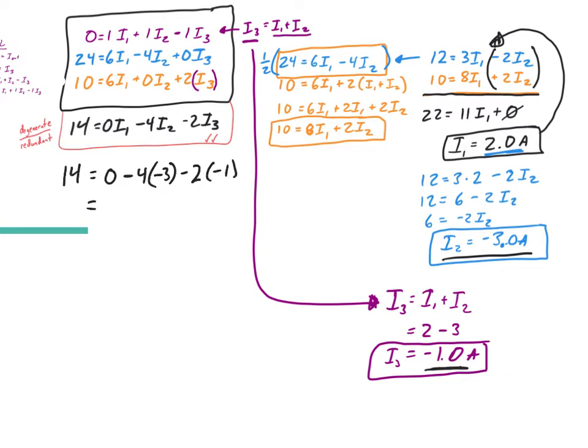I'm not going to even write the 0. Negative 4 times negative 3 is positive 12. And negative 2 times negative 1 is positive 2, which gives me 14, which is exactly as I expected. Good and good.